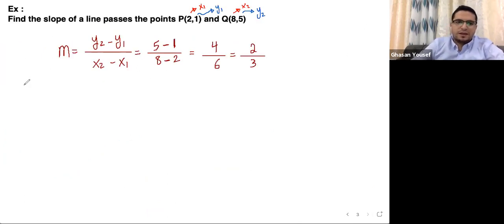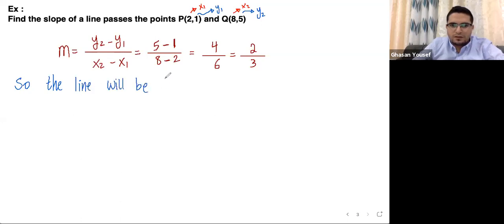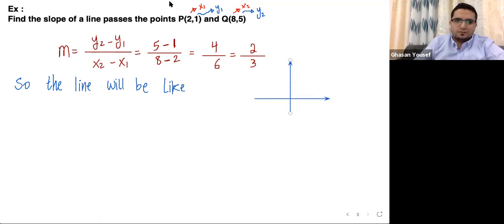So here I can say the line will be like this. This is my Cartesian plane, and the line will be like this.